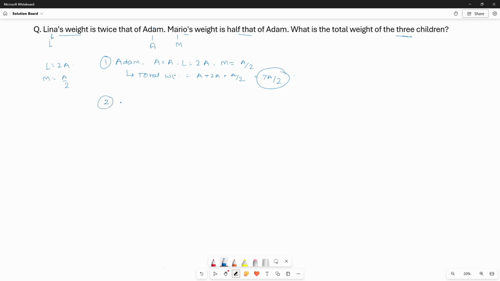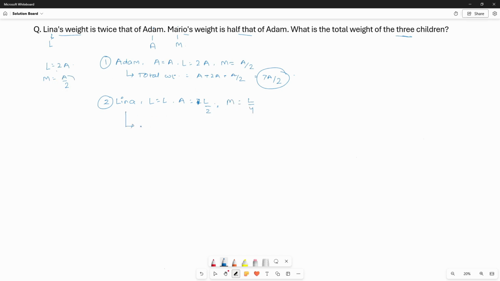Second, if we know the weight of Lina, that is L, then the weight of Adam is half of L, and the weight of Mario is L over 4.